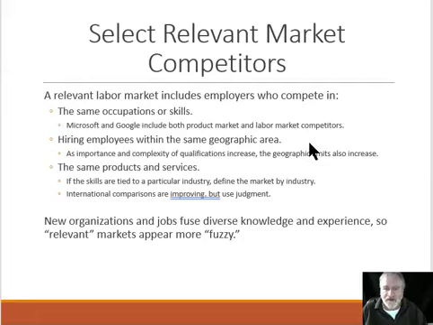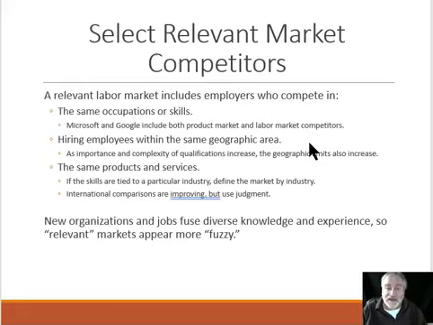Who are the competitors? And so we want to know, what occupations are we looking at? Sometimes job titles and occupations are changing very quickly, so we need to sometimes drill down and look more at the skills or competencies that we're going to be hiring for and who is competing for those skills and competencies.